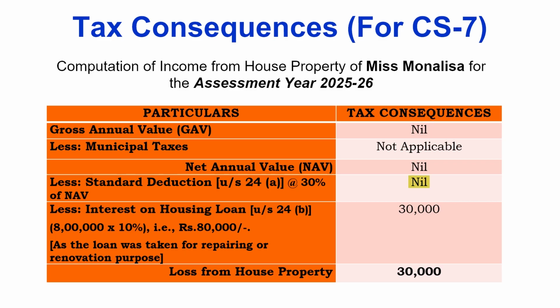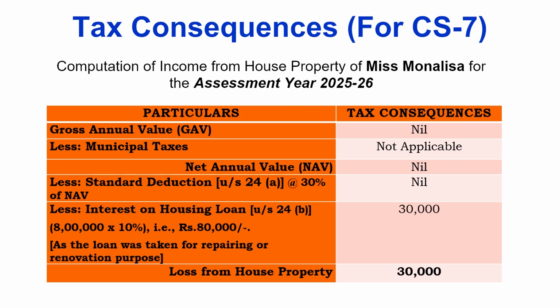Now we will get deduction under section 24(b) against interest paid on housing loan. Here it is 10% of 8 lakhs, that is 80,000.